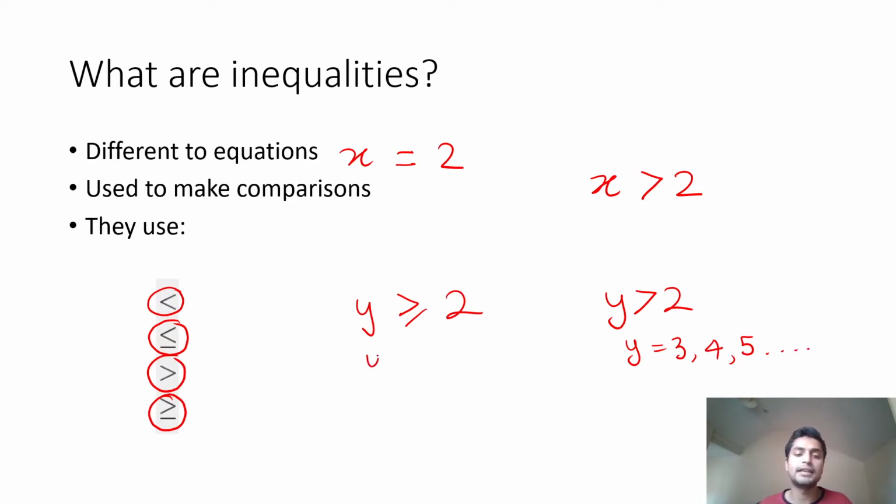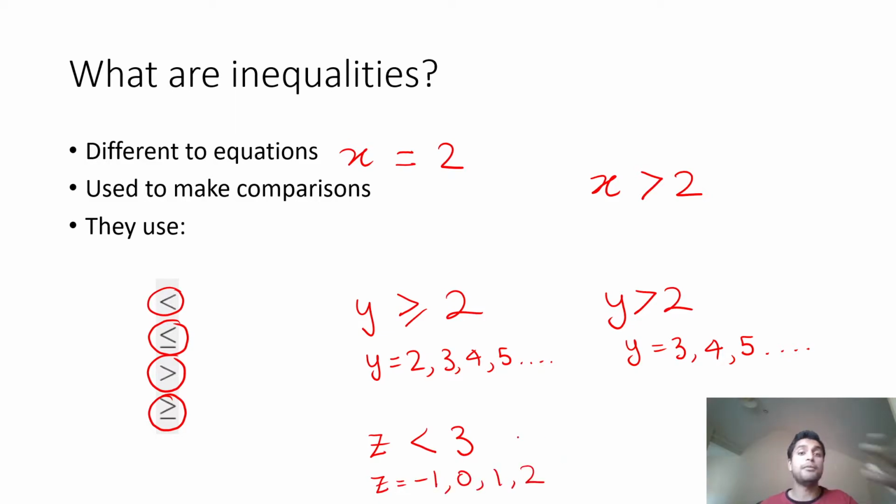But in the former case, y can be 2, 3, 4, 5, and so on. And the same thing translates to less than or equal to symbols as well. So if I had z is less than 3, that would mean z can be minus 1, 0, 1, and 2, or any number that is less than minus 1.